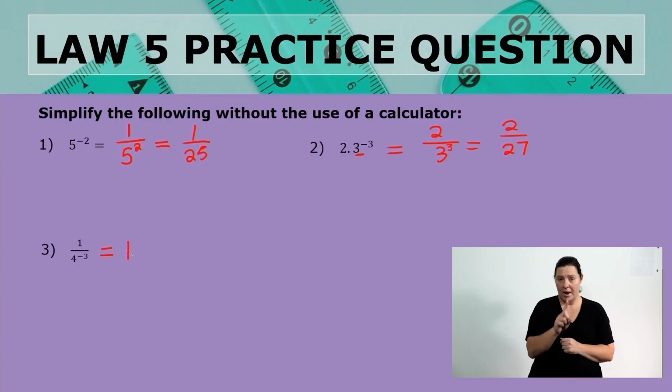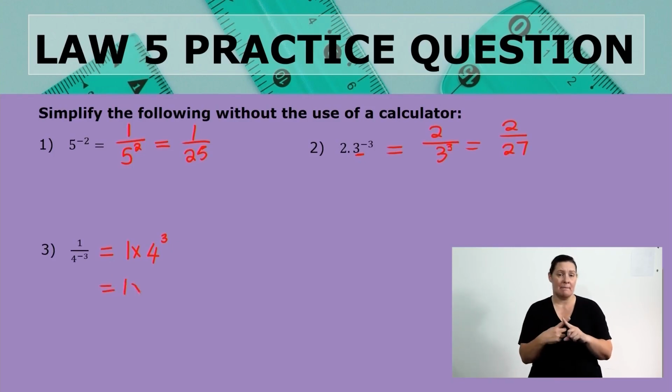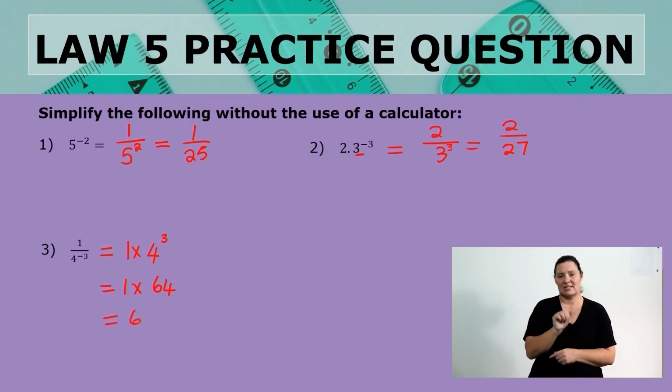So this is going to give us 1 multiplied by 4 to the positive exponent 3. What is 4 to the exponent 3? Yes, you are correct. It is 64. This means that our answer is going to be 64, because 1 multiplied by any number is itself.